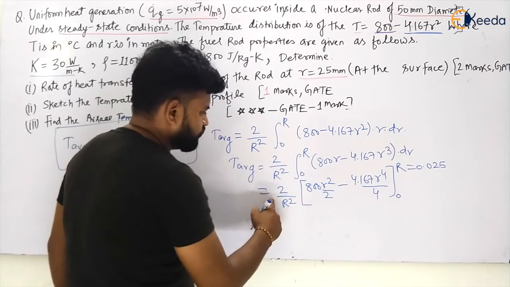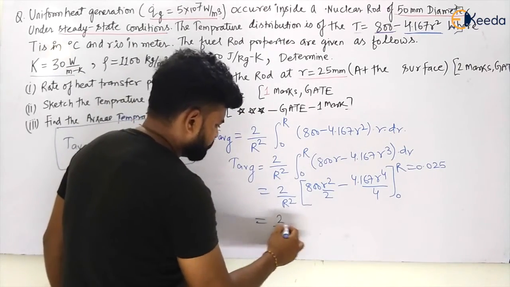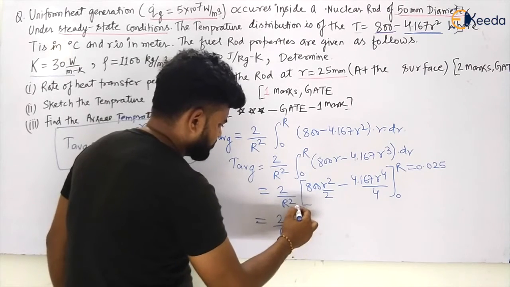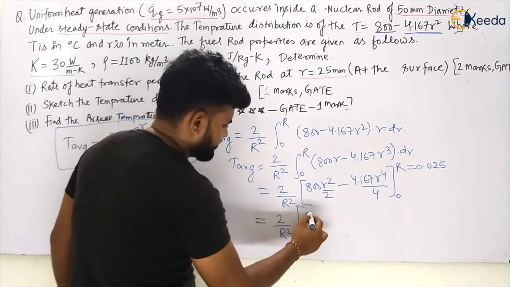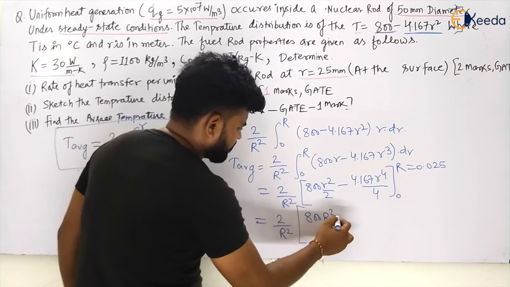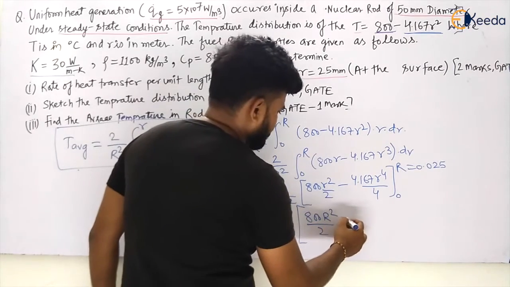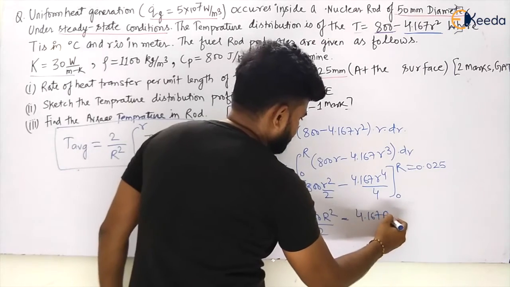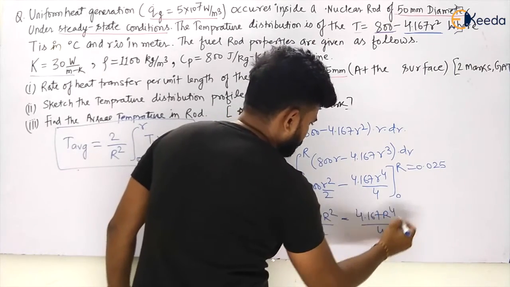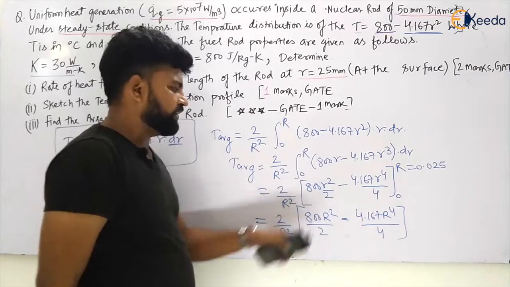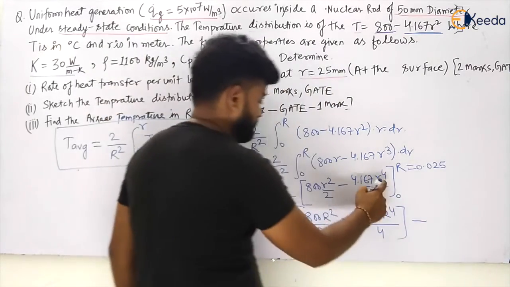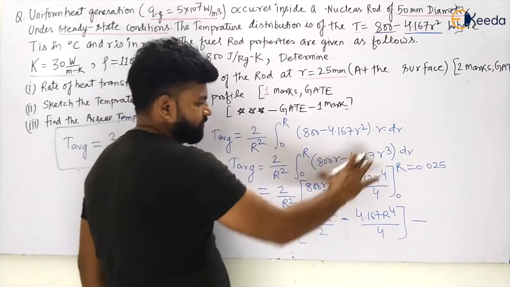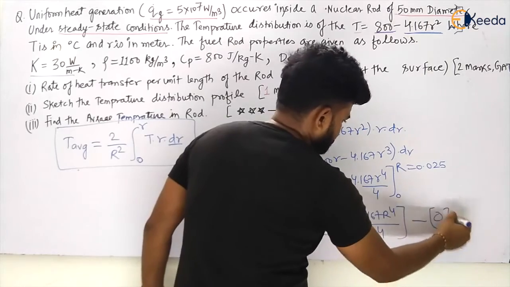So this will be 2 by R square times 800 capital R square by 2 minus 4.167 capital R to the power 4 by 4. When I put R equal to 0, this term will be 0, so the remaining term is as follows.